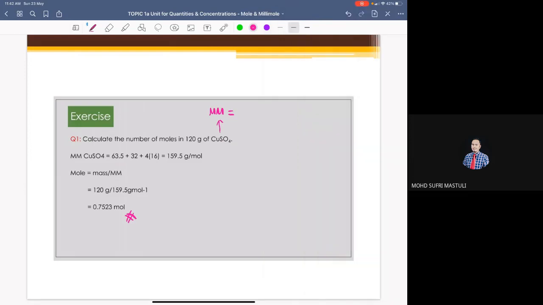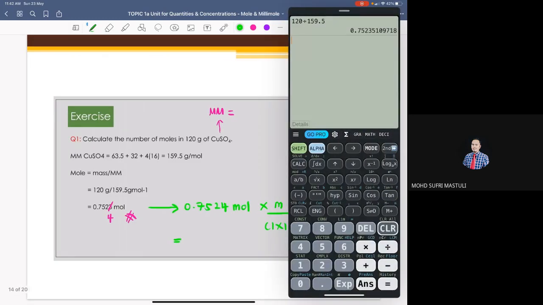So in mole, you can convert this mole into millimole. 0.7524 moles times milli, the power of minus 3, divided by 1 to the power of minus 3.